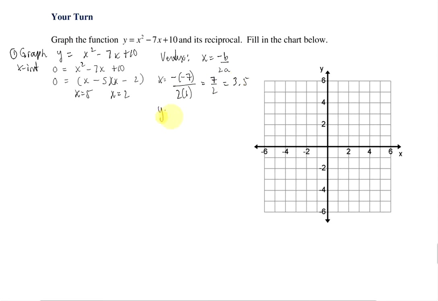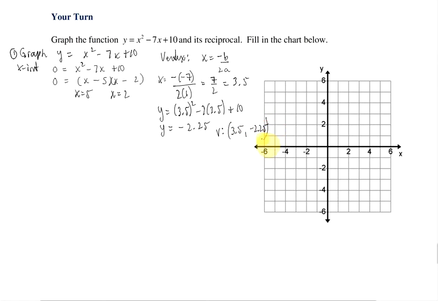Find the y value for our vertex by plugging into the original equation. And we get that y is equal to negative 2.25. Okay, so we have a vertex at 3.5 and negative 2.25.